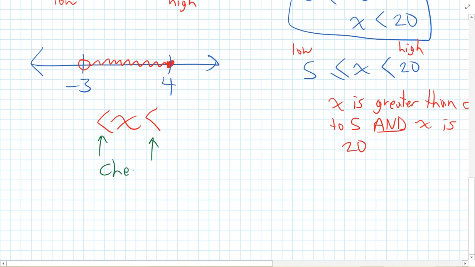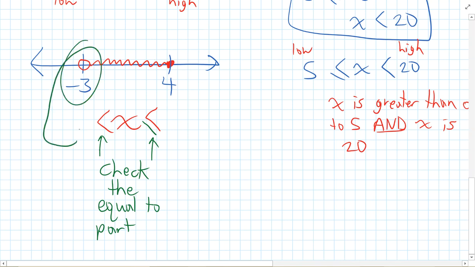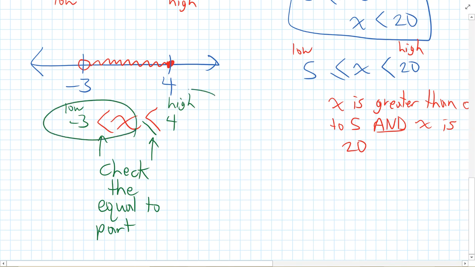And then you have to check the equal to part. I can see here it's shaded in, so I actually need that. But this one is not shaded in, so I do not need the equal to part. And so now all I do is put my low value on the left and my high value on the right, negative 3 and 4. And so I can say x is greater than negative 3, x is less than or equal to 4.